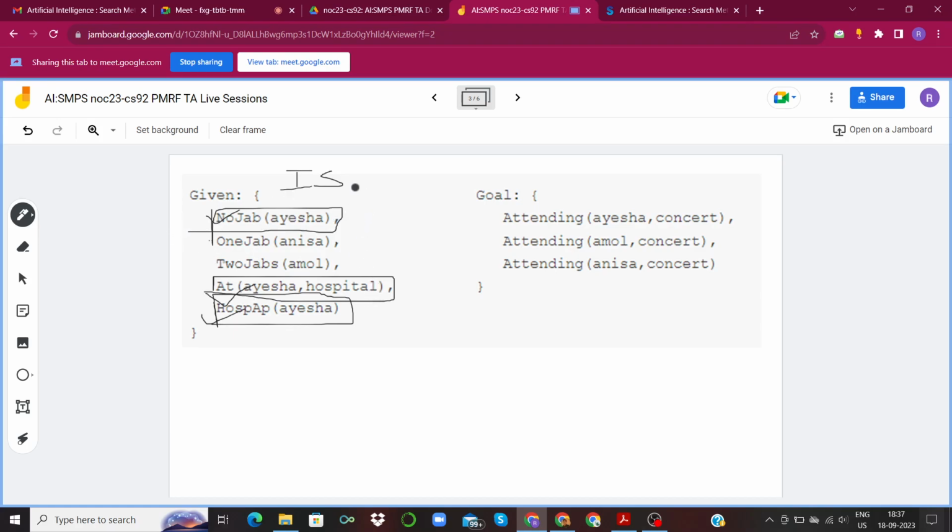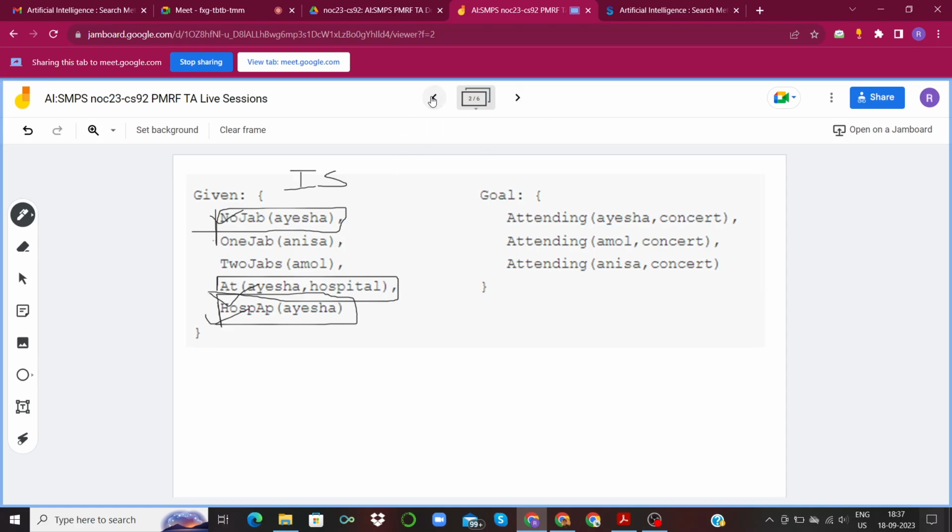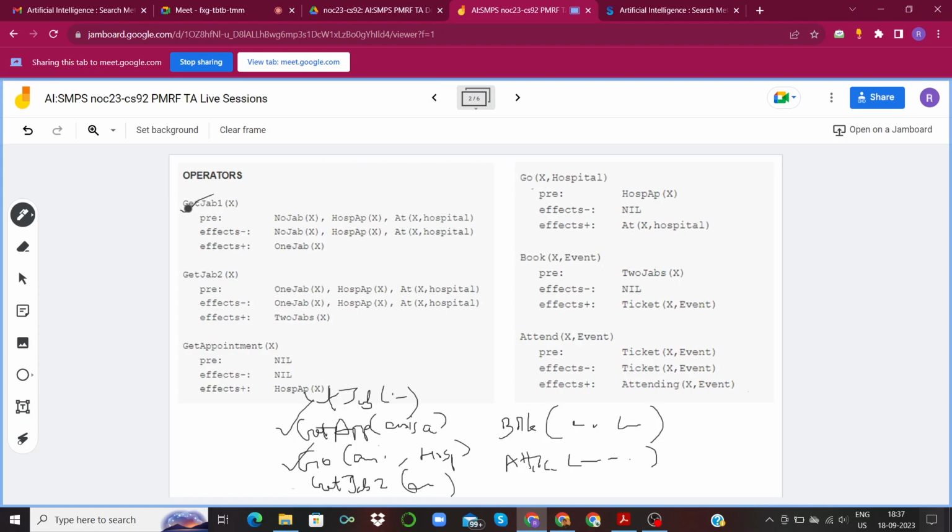What we can do is see how we can utilize these three facts to arrive at our goal. And because we are given these three facts already, we can directly apply this first operator get jab 1. Because all the preconditions that need to be met for us to apply this operator are already given to us in the initial state.